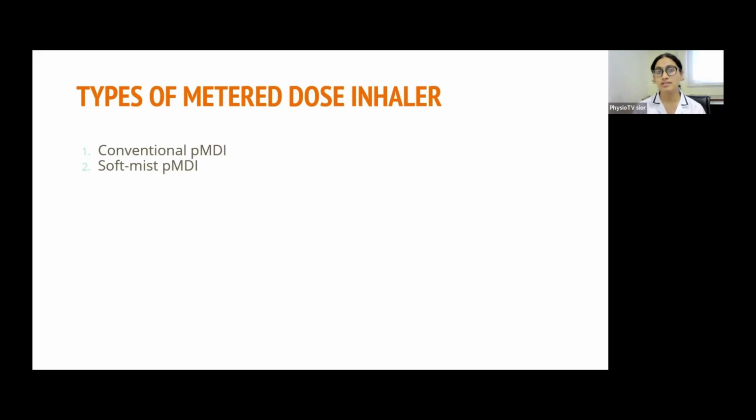So P here stands for pressurized, because the mechanism behind this is we are using pressure to propel the medication out of the device. So this is conventional PMDI, whereas this one is the soft mist PMDI. So let's take a closer look at what it exactly is.